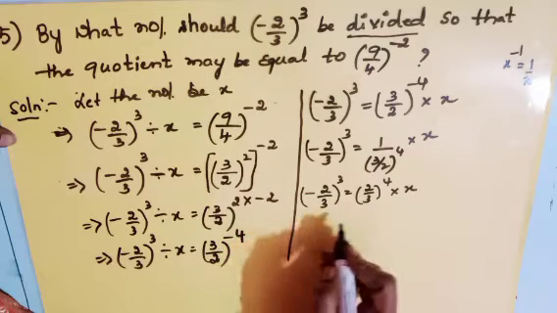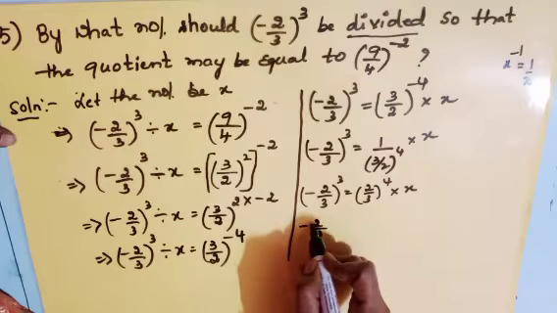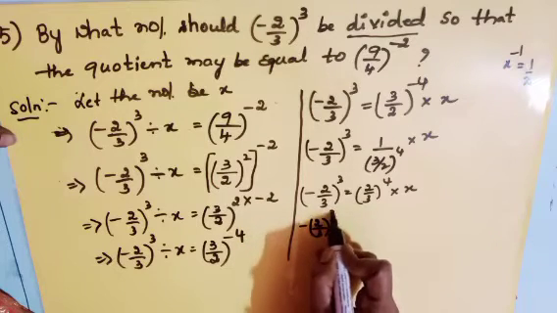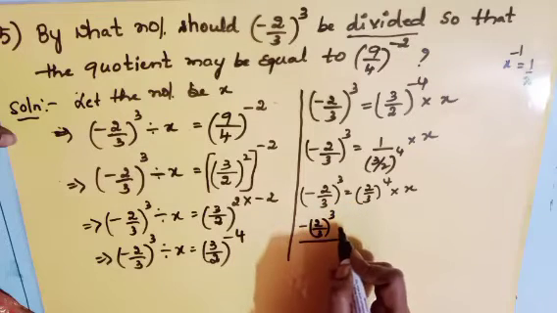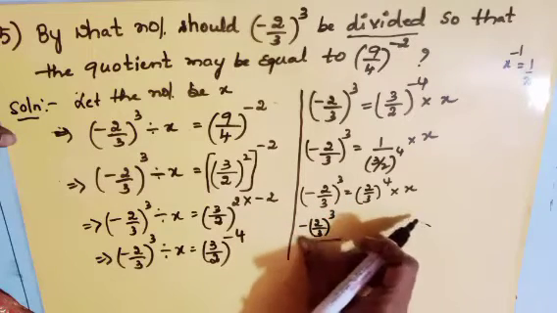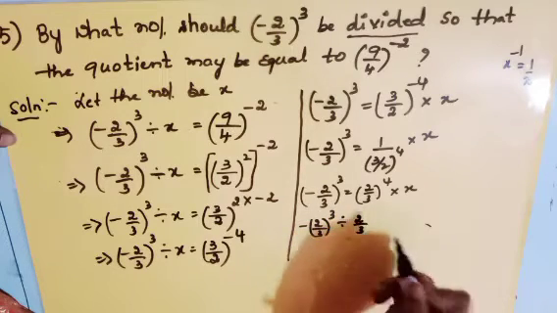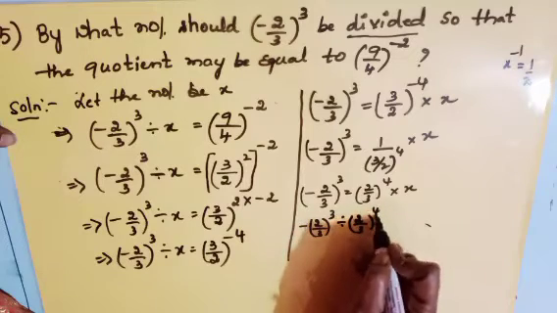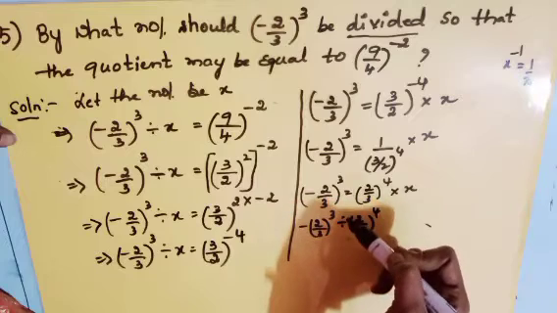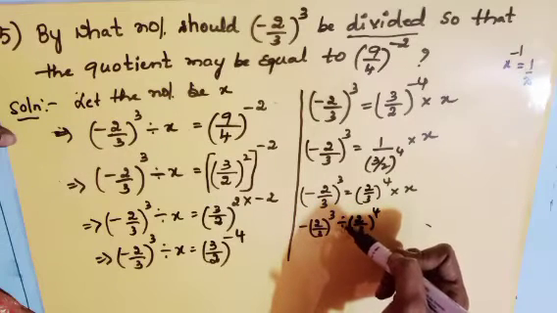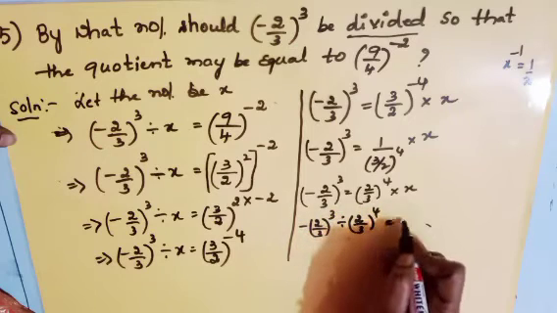So it can be written as (-2/3)^3 divided by (2/3)^4 equals x. When multiplication comes to the left side, the sign changes to division, so I'll write here a division sign.